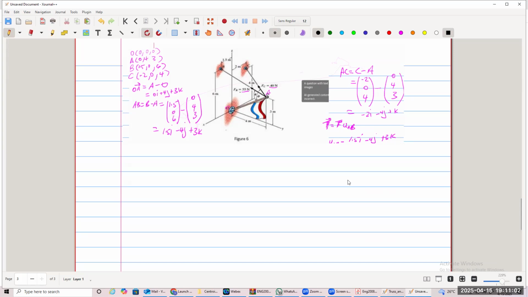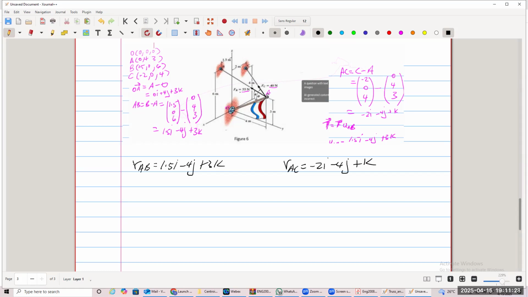All right, so you have your position vectors. Just rewrite them again for clarity. Your position vector RAB would have been 1.5i minus 4j plus 3k. And you have your RAC value, which is minus 2i minus 4j plus k.